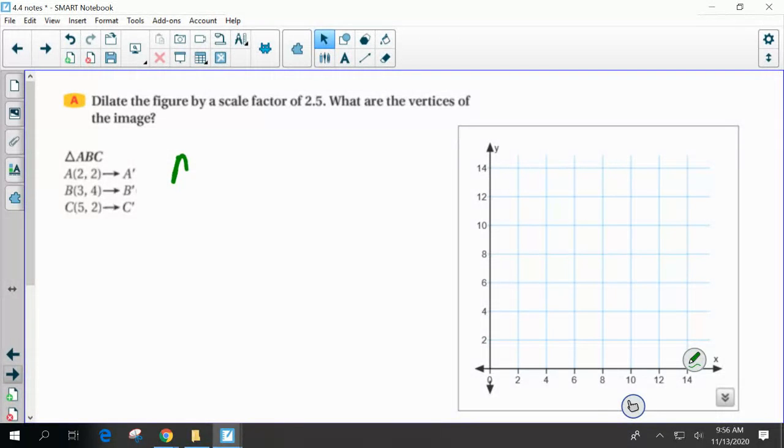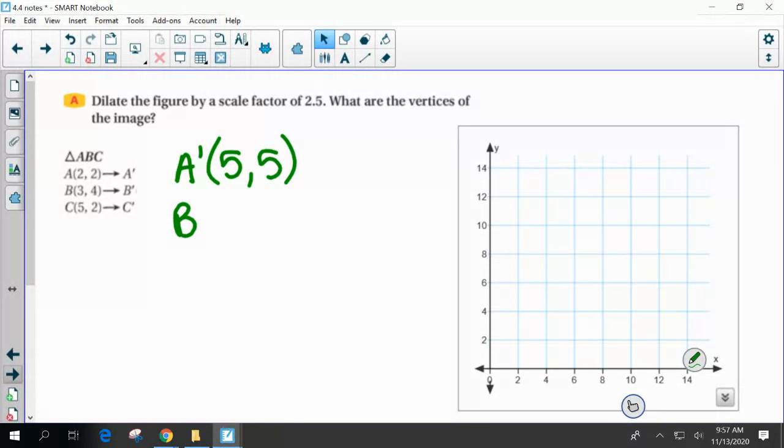So we're gonna figure out what A prime is. Take 2 times 2.5, that's 5. And x and y happen to be the same thing, so they're both going to be 5.